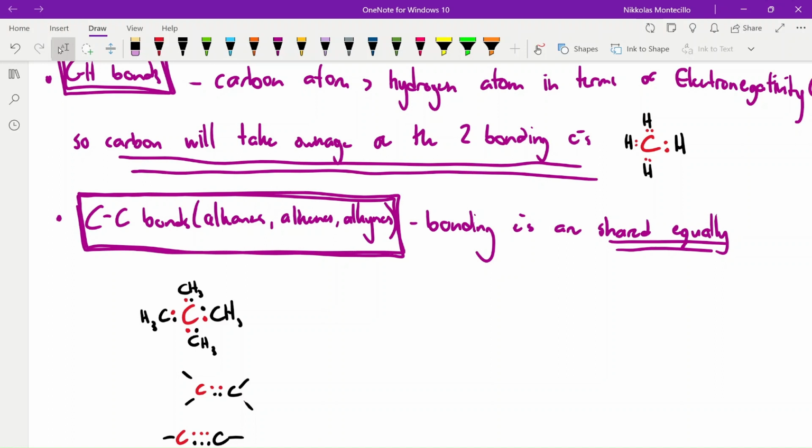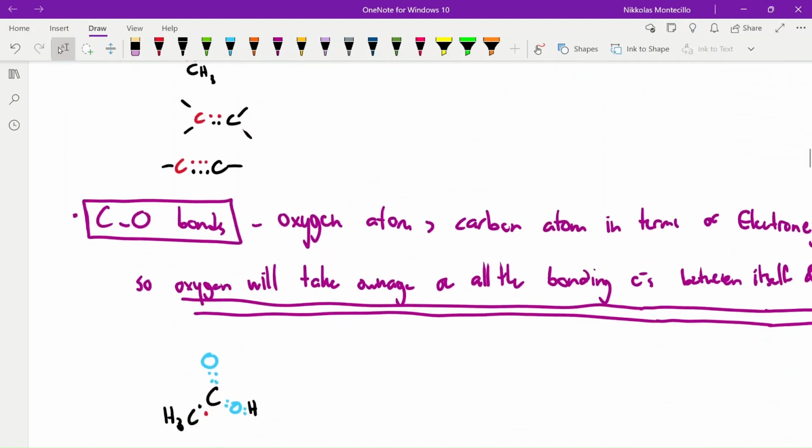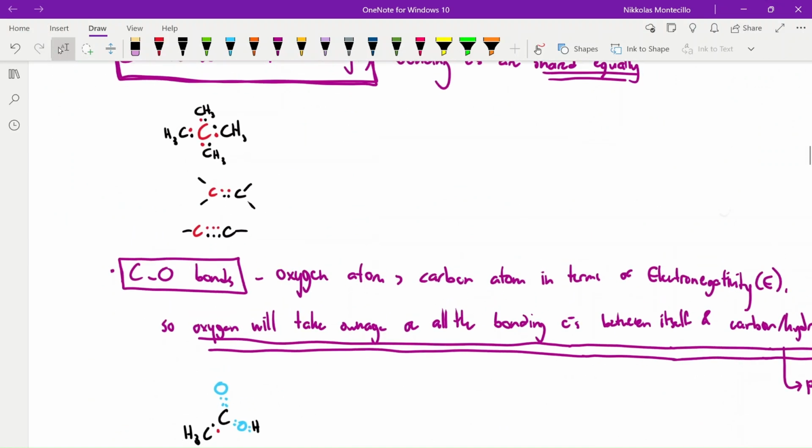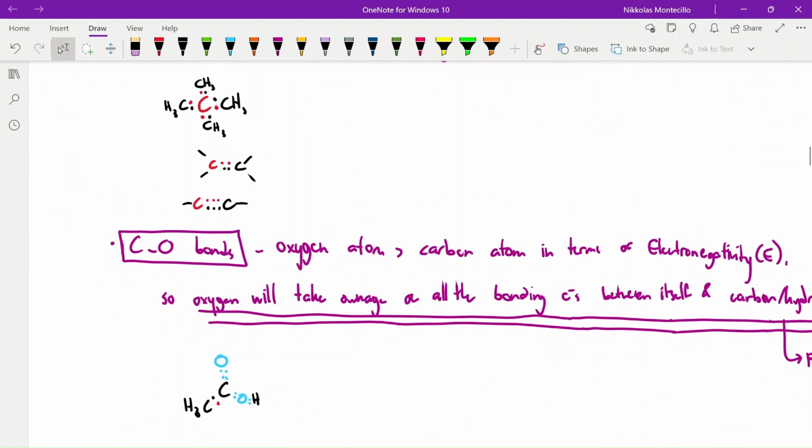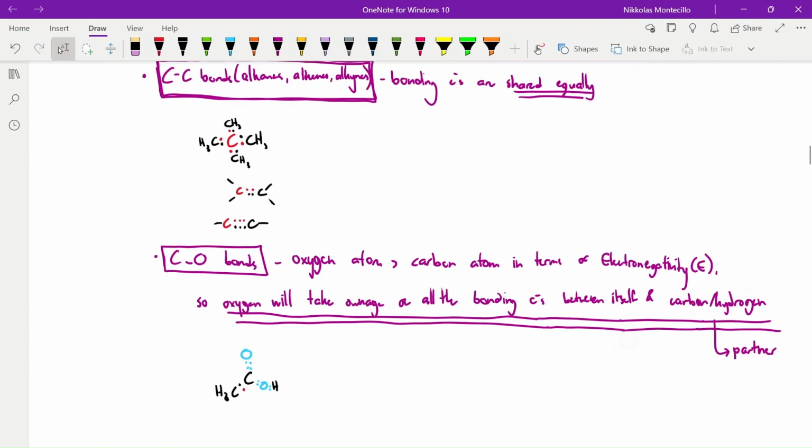Another example would include carbon-carbon bonds. We obviously know that because they're both the same atom, they would share electrons equally. But in the case of oxygen atoms, because oxygen is greater than carbon in terms of electronegativity, the oxygen atom will tend to take ownership of all the bonding electrons between itself and the carbon or hydrogen partner.